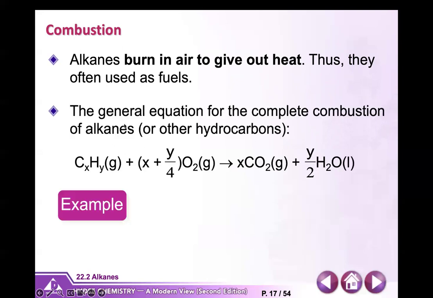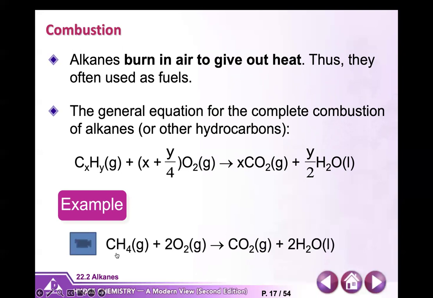These are the general equations for the complete combustion. If we have methane burning with oxygen, it will give out carbon dioxide and water. If you are using the general equation, you just need to directly substitute x and y, and you will get the numbers here.